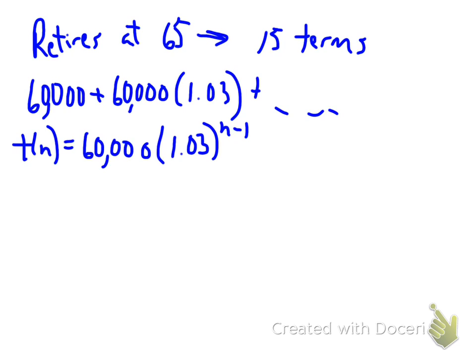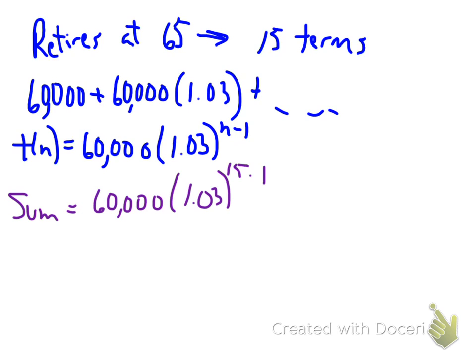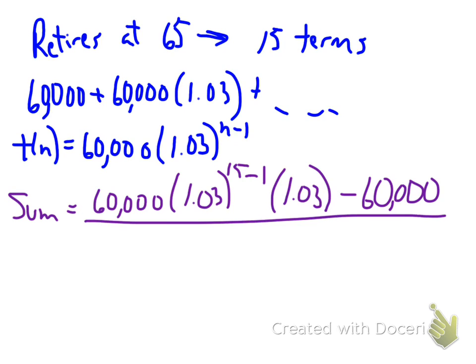So now doing the sum. The last term for this one will be 60,000 times 1.03 to the 15 minus 1, times your multiplier minus the first term, divided by multiplier minus 1.